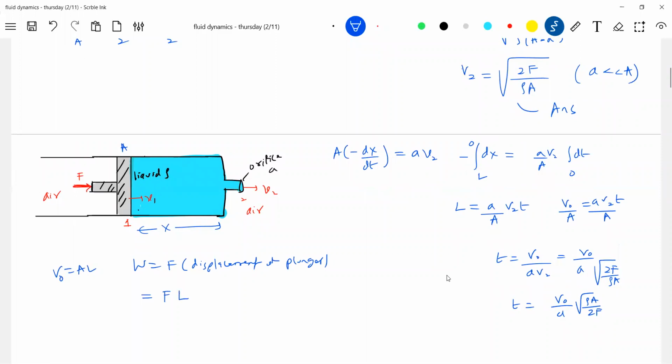It is equal to L, and we don't know that L, so we can write it as V naught by A. This is the work done.